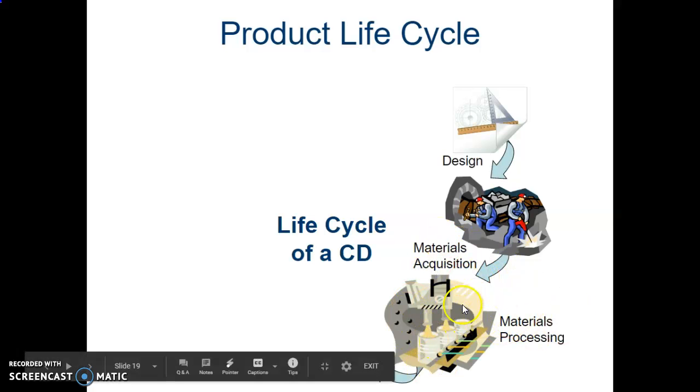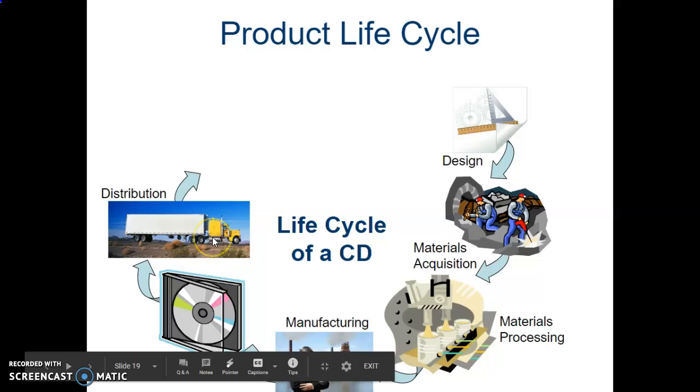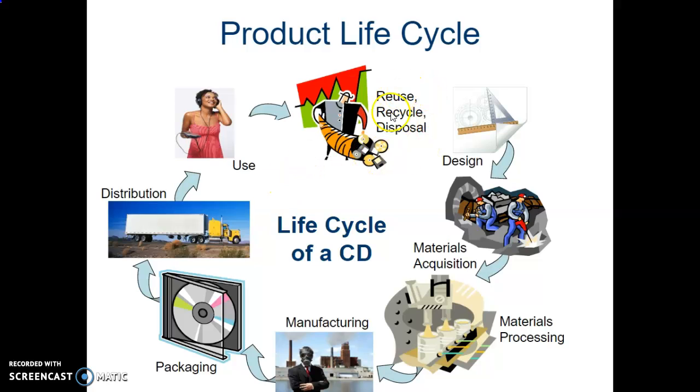Then we have to process those materials. Then we have to manufacture those materials into a product. Then we have to package our product. Then we have to distribute our product, use our product eventually, and then reuse, recycle, or dispose of our product eventually.